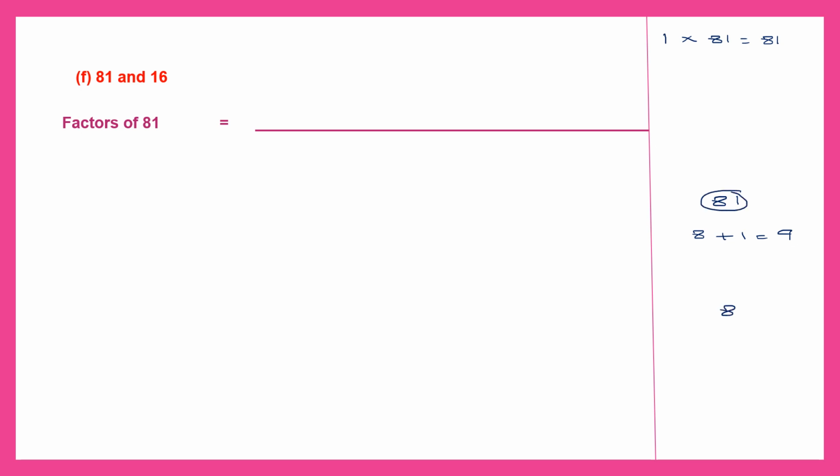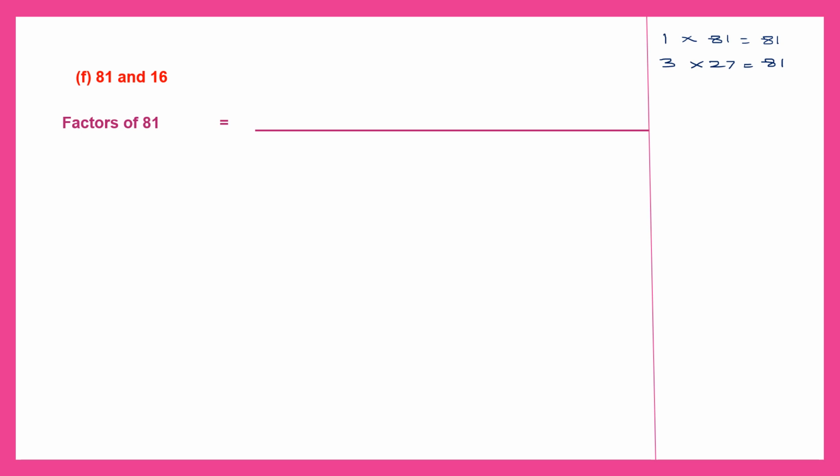So let's divide 81 by 3 and see. 3 twos are 6 minus 2, bring down 1, 21. 3 sevens are 21, and the remainder is 0. That means 3 into 27 is 81. Now, what are the numbers when multiplied give us 81?